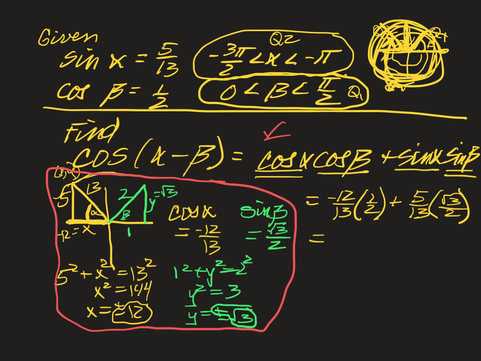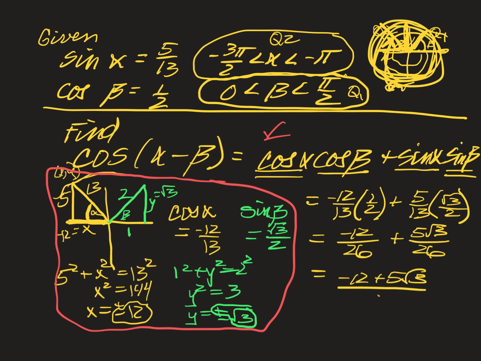Just got to multiply, get a common denominator. So we get over 26, negative 12, plus 5 square root of 3 over 26. So this is negative 12 plus 5 square root of 3 all over 26 because they have a common denominator. So that is the exact value of cosine alpha minus beta.